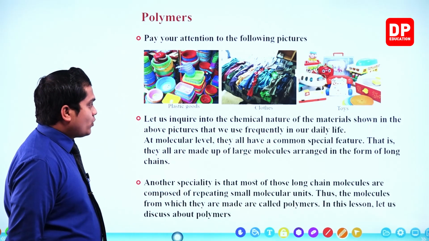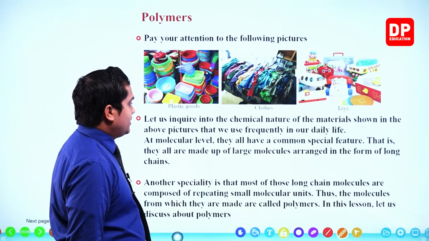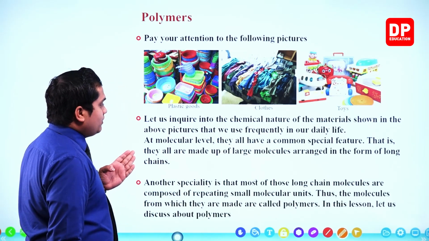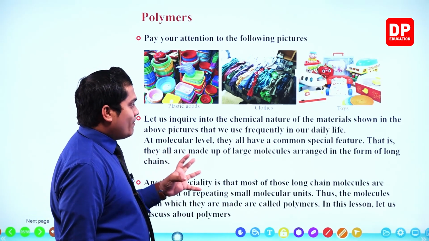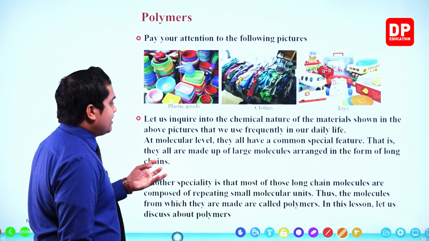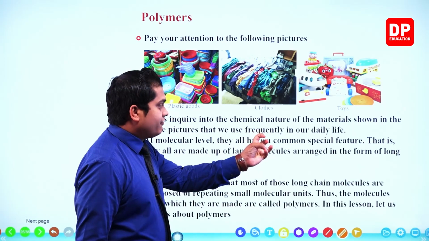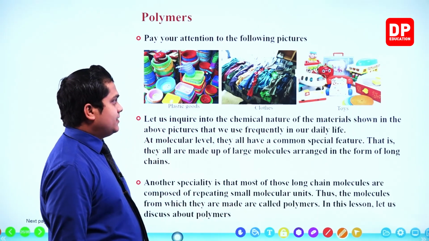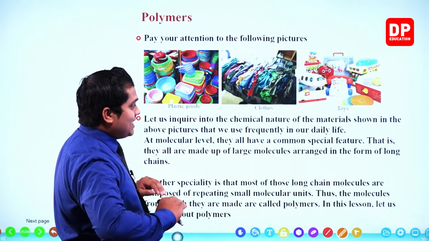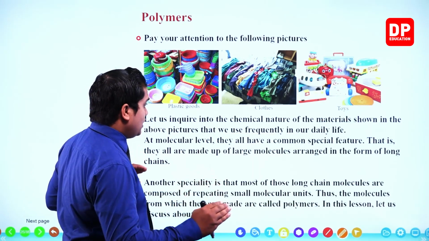Here, let us inquire into the chemical nature of the material shown in the above pictures that we use frequently in our daily life. At molecular level, they all have a common special feature. That is, they all are made up of large molecules arranged in the form of long chains. The specialty here is that these things are arranged in very long chains.